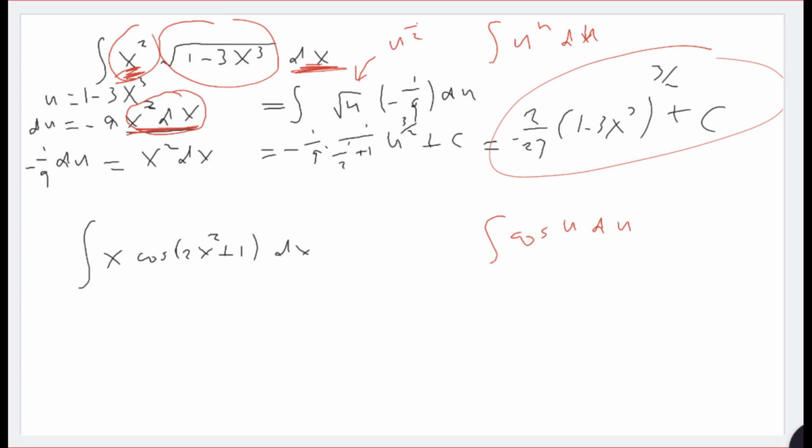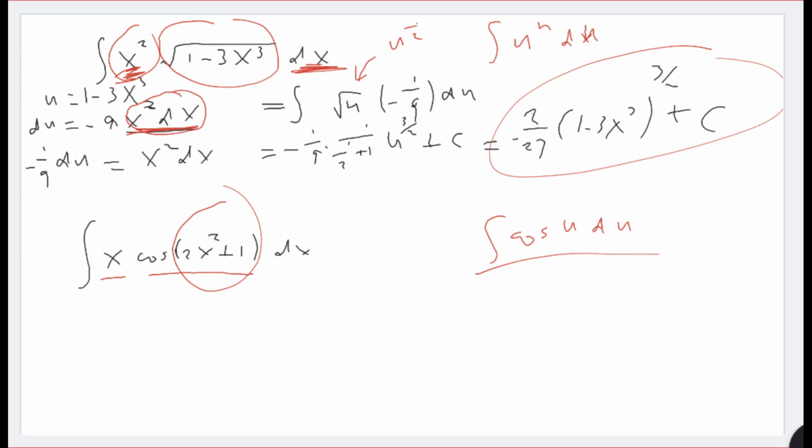So again, there are two parts. You can see there's x, there's cosine of 2x squared plus 1. Clearly, cosine is more complicated. But then, again, if we try to regard 2x squared plus 1 as u, this more complicated part will become just simply cosine u, and we have a formula for cosine u.